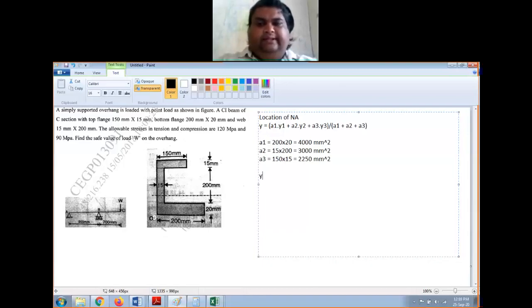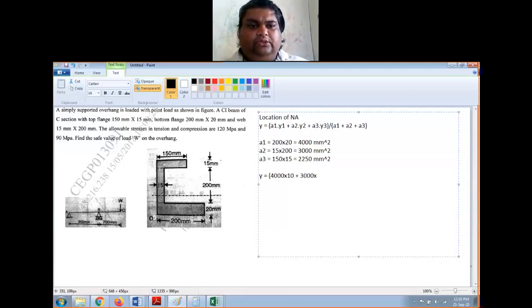Okay. Y bar is equal to 4000 into Y1. Now this is my reference, so from here at a distance of 20 by 2, that is 10 mm, is the center of gravity for this. So 10, plus 3000 into CG of A2.